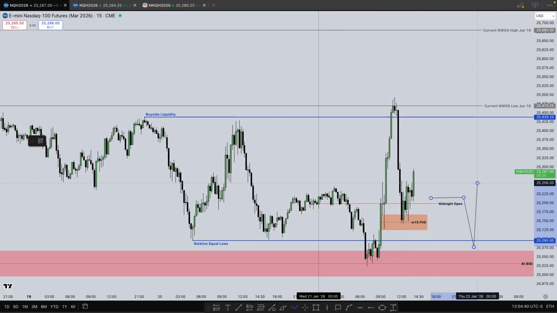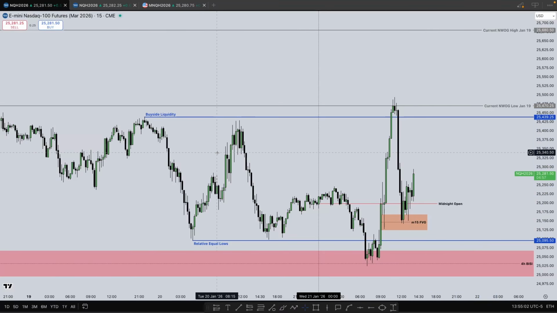What I wanted to see was the continuation going to the buy side, forming that power of 3. So basically this is our accumulation right there, manipulating, taking out the relative equal lows into a high time frame PD array to then catch the continuation higher, taking out the buy side liquidity that we have there.